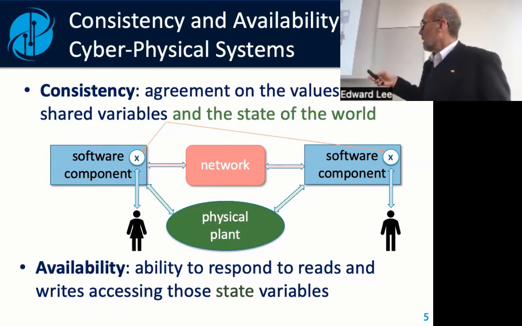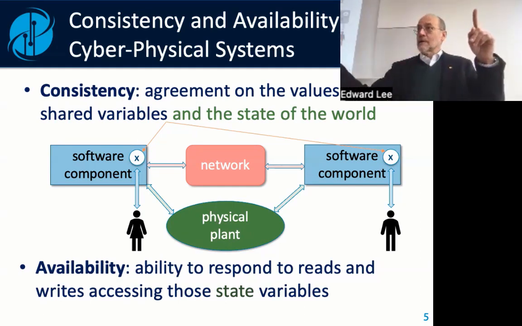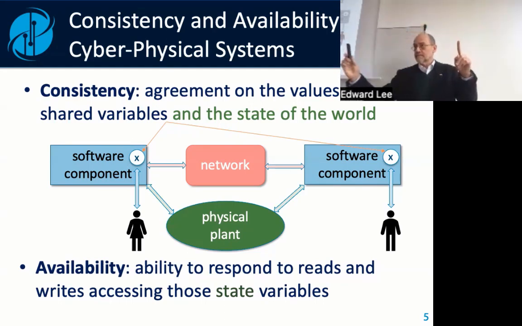And similarly, availability becomes the ability to respond to reads and writes. So in this case, reads and writes are sensor and actuator actions, and consequently, availability is simply another word for the sensor to actuator latency, which is a very important ingredient in any control system design.